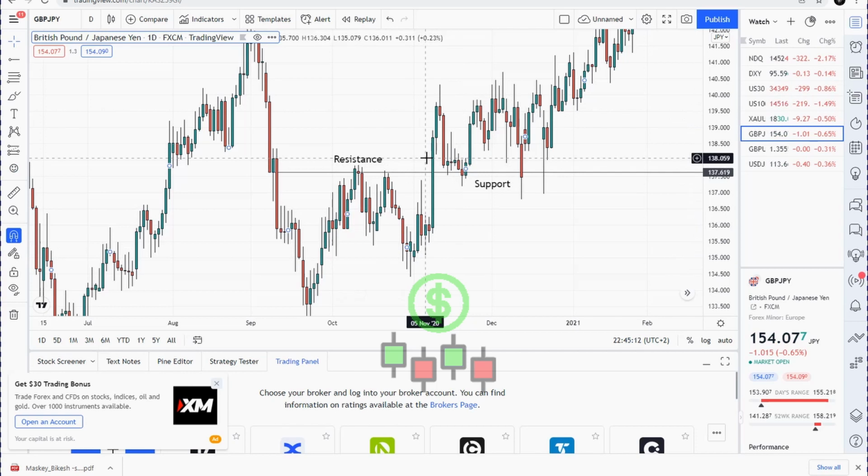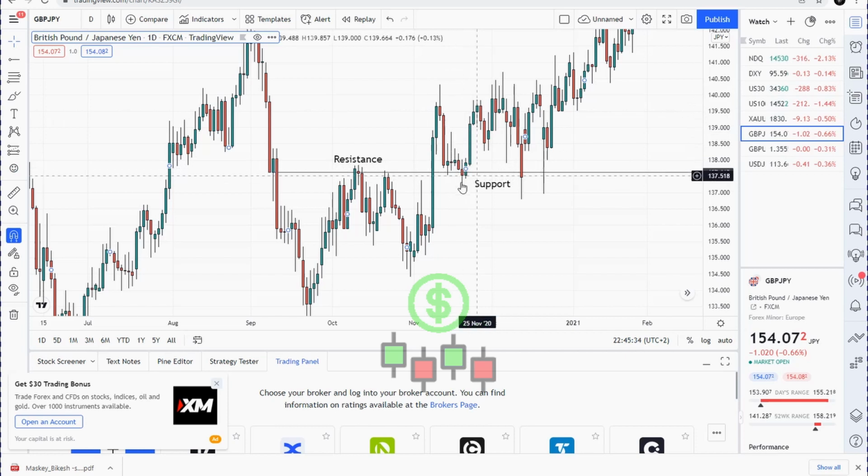So in most cases, if you are to trade resistance and support, once price breaks out of the resistance, the proper, highly profitable and safe trade that you can take is to wait for price to come back for a retest.